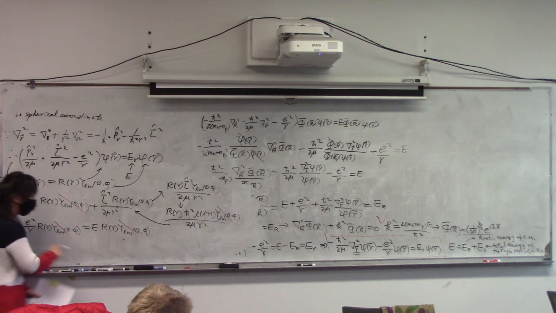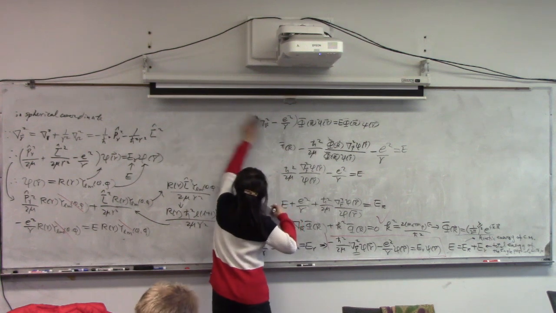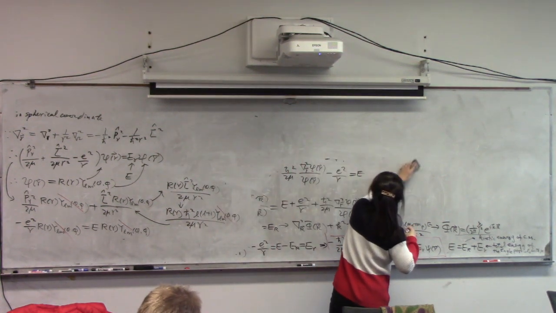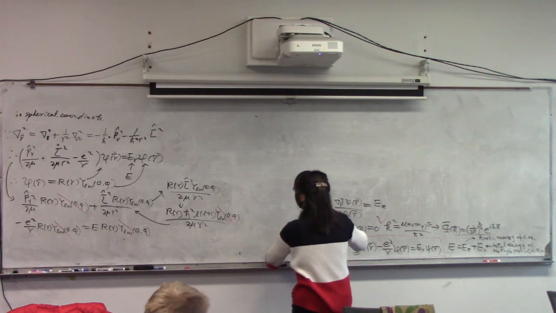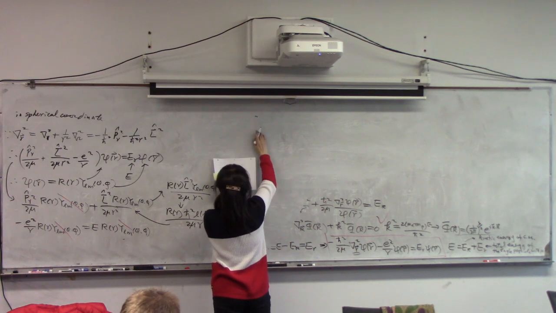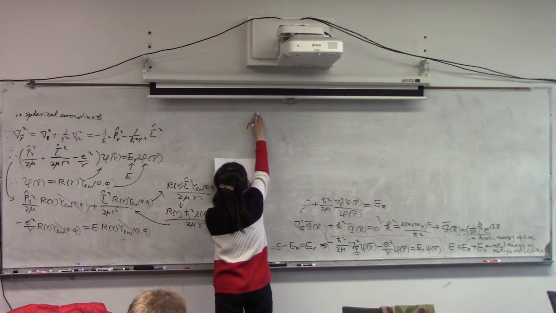So now you can see finally we reduce this 3D time-independent equation to only the radial part, since the angular part is already solved. Now let me write it down here. I still use P_R.